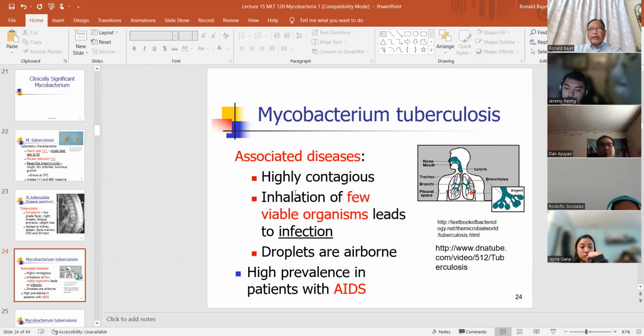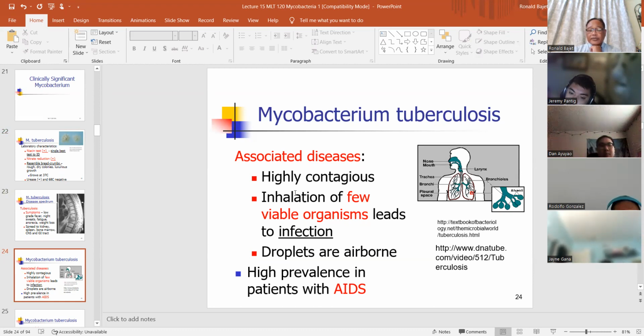Associated diseases, this organism is highly contagious. Like I said, you can get it just by walking through the mall, and it's called droplet nuclei. When somebody coughs, you have droplet nuclei in the air. You can actually contract that, and once you get it into your system, it only takes a few bacilli.